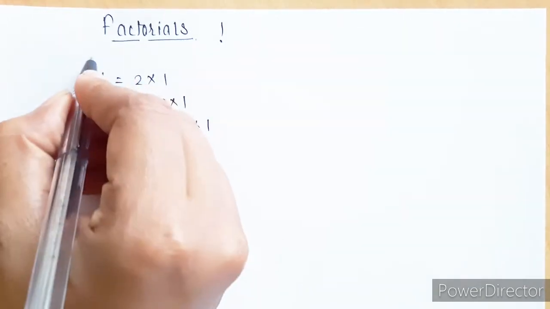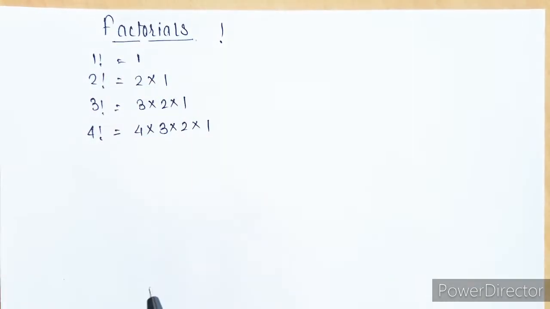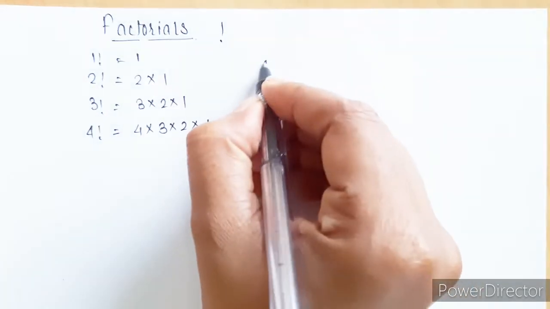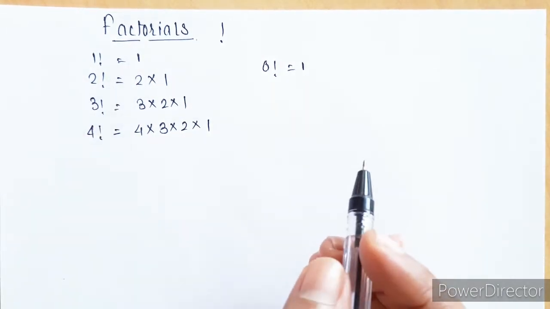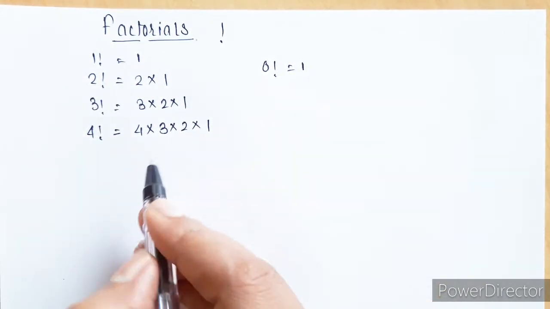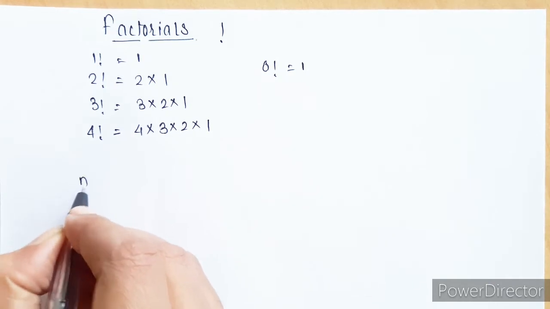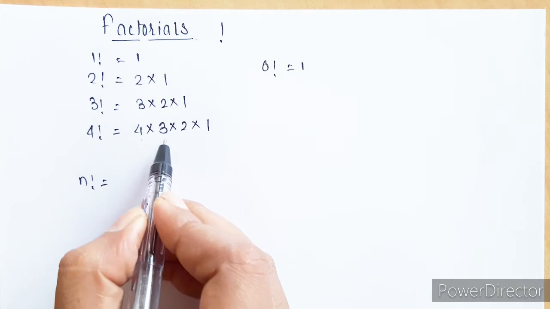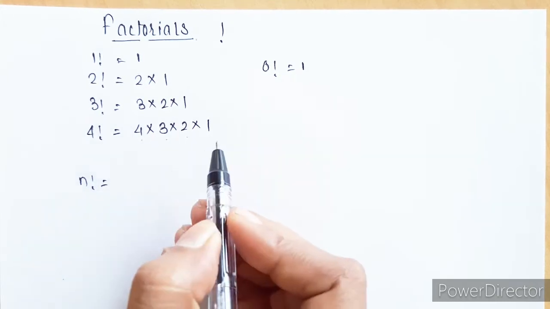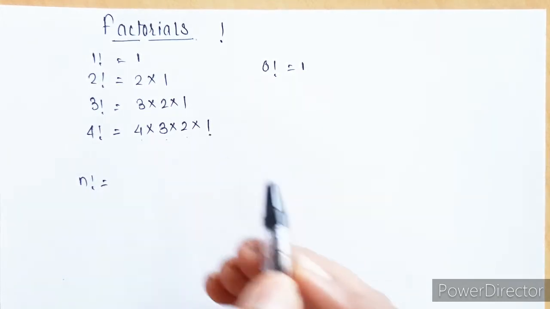Now again, 1 factorial is going to be 1. The most important thing we have to remember is that 0 factorial is also 1 and 1 factorial is also 1. Rest everything is simple. Now if I go for n factorial, 4 factorial is 4 into 3 into 2 into 1, just the lesser number till we get 1.